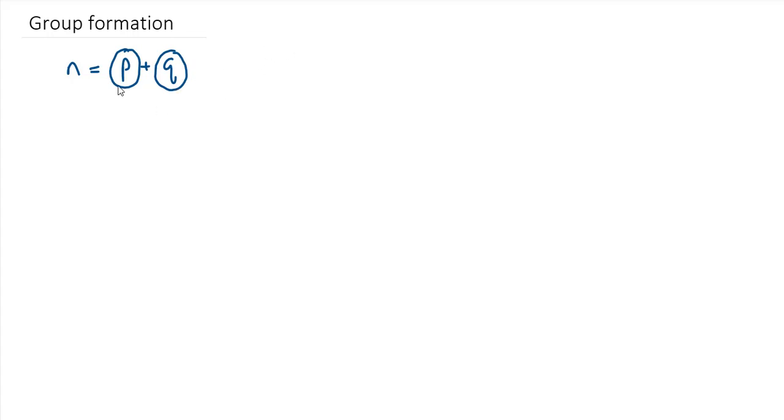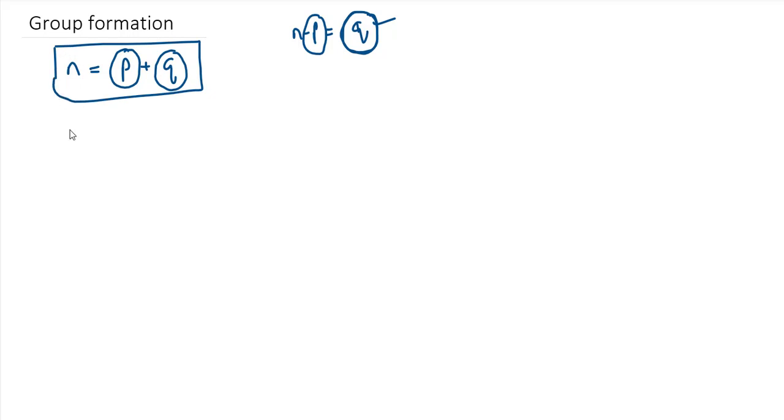But when we select p people out of n, the number of people left will be n minus p, which will be equal to q. So we do not need to select q people, they will automatically be selected. When we select p people, the people left will automatically become equal to q, hence they need not be selected, they are already selected by default. So the total number of ways in which n people can be divided into two groups basically means selection of p people out of n people, which can be done in nCp ways, where n is p plus q.